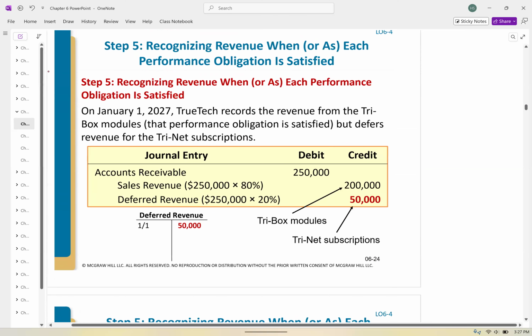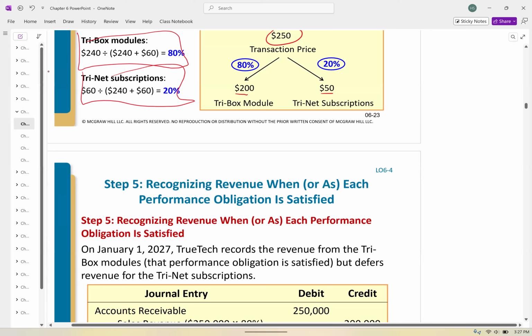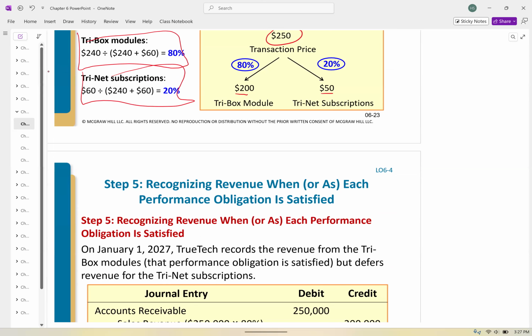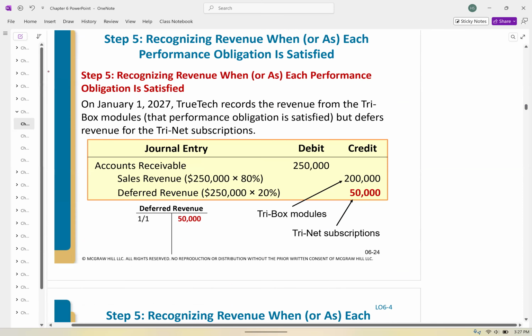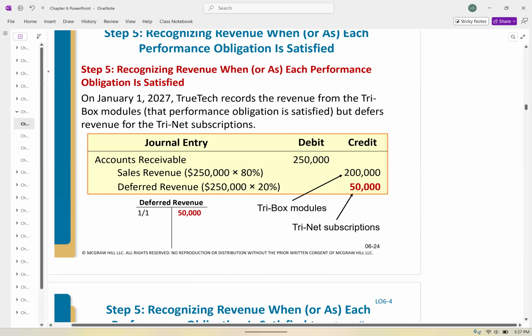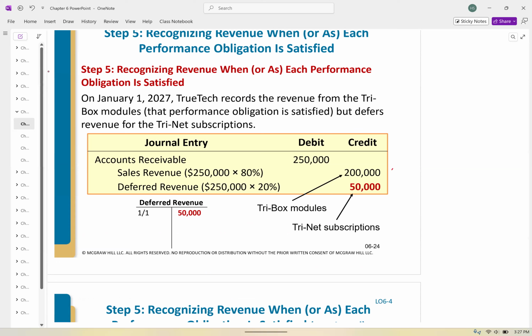Okay, so let's just think. They bought this on credit, so we have $250,000 that is going to go in accounts receivable. Okay, 200,000, which was the 250,000 times 80%, or that was 200 times 1,000 modules.